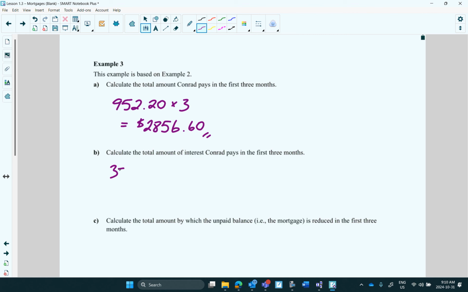It would be 375 plus 373.80 plus 372.59, which would be 1121.39.